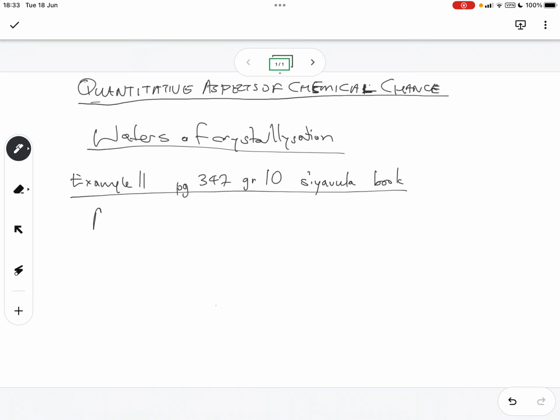So we're given that aluminium chloride, AlCl3, is an ionic substance. Ionic means that when it's added to water and dissolved, we have a positive aluminium ion and we have chloride ions.